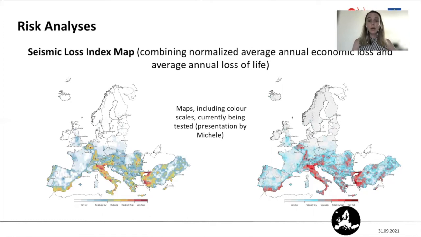You'll hear more in the presentation by Michelle about how we are currently testing these maps with students around Europe. Particularly this color scale, and understanding whether the results can be understood, is something that we're doing before we produce our final maps and posters.